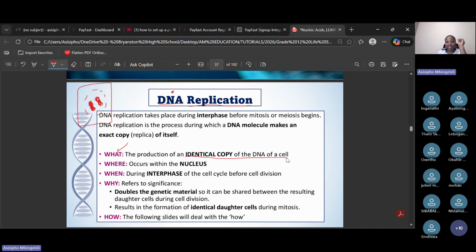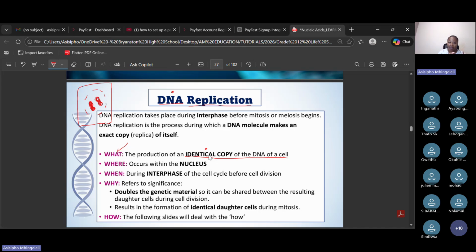Now, what will make this DNA identical? It's actually the sequence of bases. The reason you and I look different is not because I have certain bases that you don't have. You and I both have ACTG. The only reason we look different is that the sequence of my bases will obviously be different to the sequence of your bases.